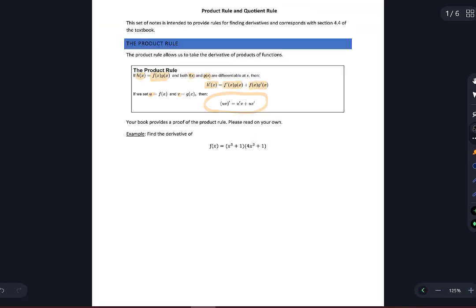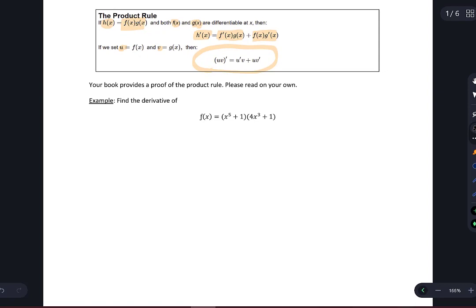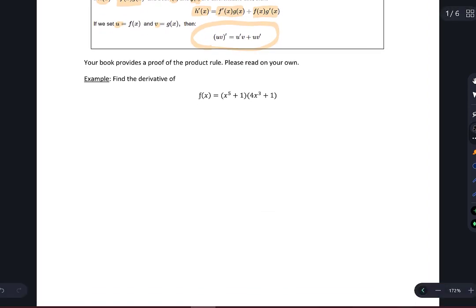All right, so we're going to look at some different examples. The first example says find the derivative of f of x is equal to the product of x to the fifth plus 1 times 4x to the third plus 1. So notice here our function is equal to the product of two other functions.